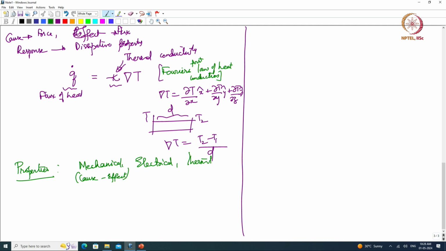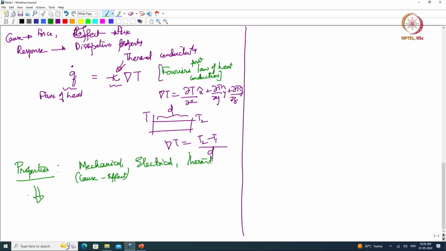But a property in general relates any sort of cause to a corresponding effect. If I push you and you fall down, how easily or how hard you fall down depends on you. It depends on your property, your response function, and that response function is what we define in the rest of this course as a property of the material.